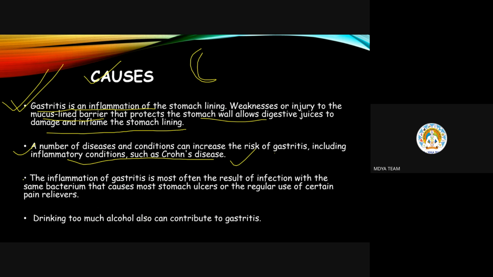Now, the inflammation of gastritis is most often the result of infection with the same bacteria that causes most stomach ulcers, or the regular use of certain pain relievers. So when we are regularly on some pain relievers, or we have a bacterial attack, it could also lead to this.